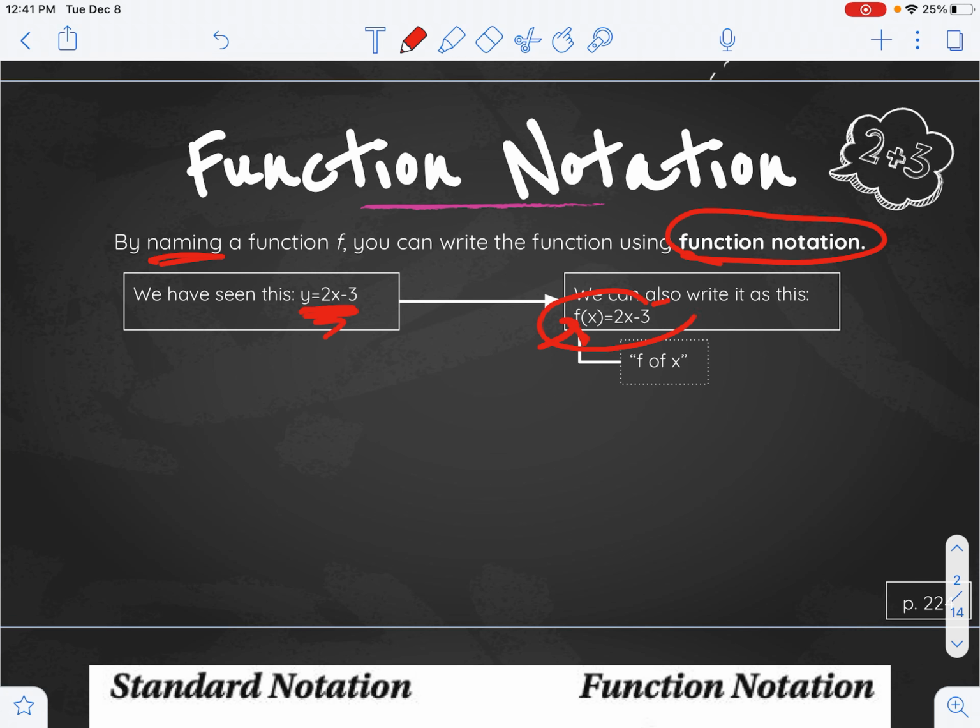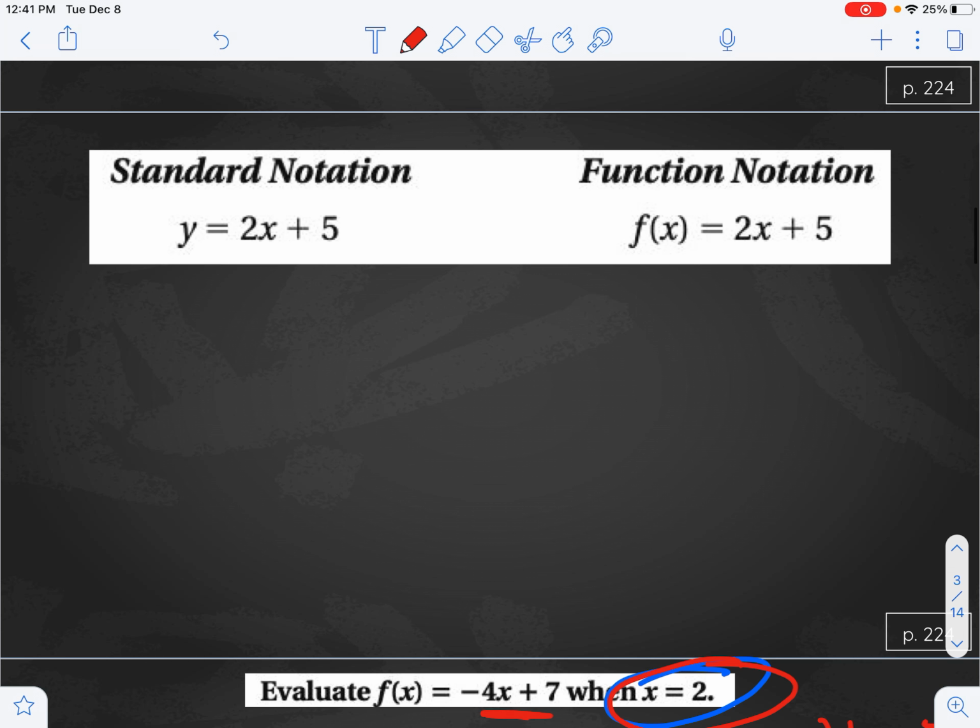So we would say f of x equals 2x minus 3, and maybe you've seen that before. All that is saying is, instead of having y equals, we have f of x equals. We're saying that whatever this x is a function of f.